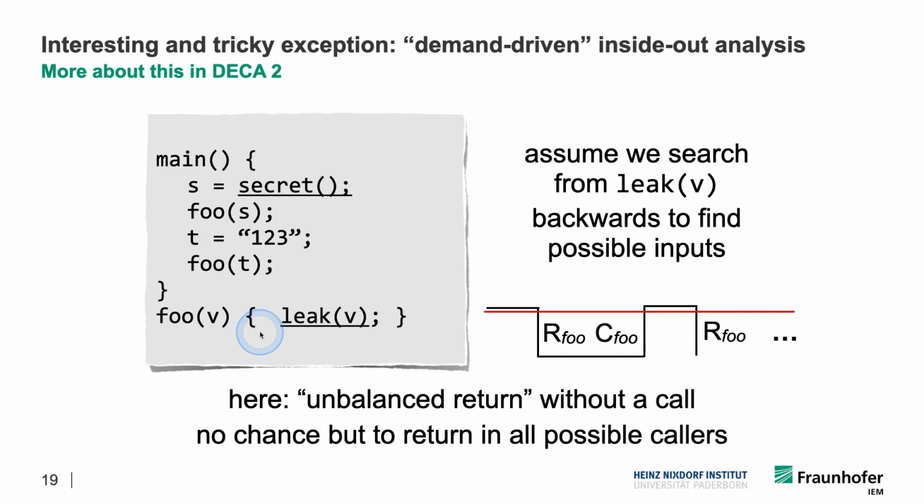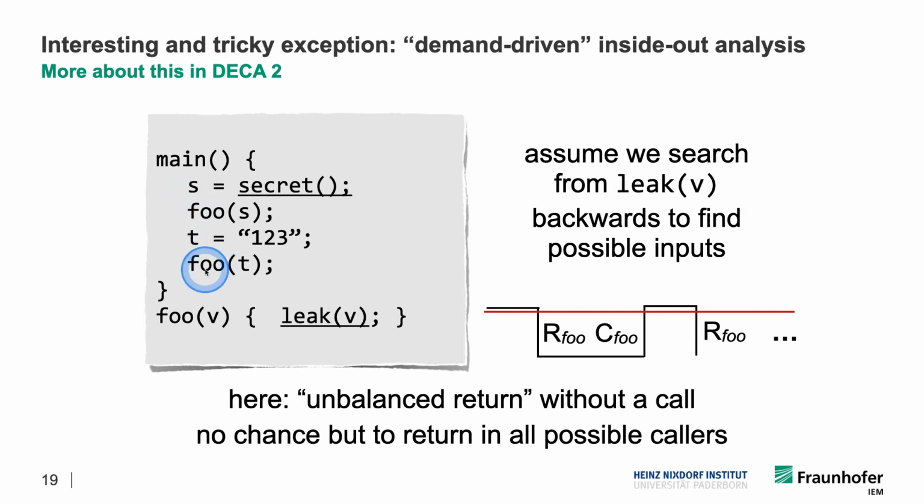Because we don't know anything about any call site so far. So such an unbalanced demand-driven analysis would now basically consider that this call to foo could have come from here, or it could also have come from there. So you basically propagate this information back to this call and to this call.